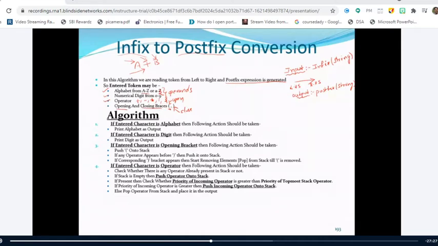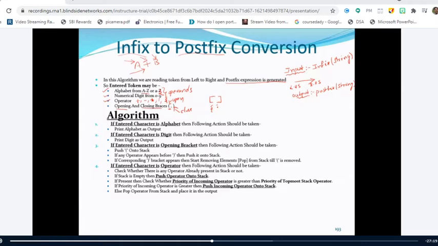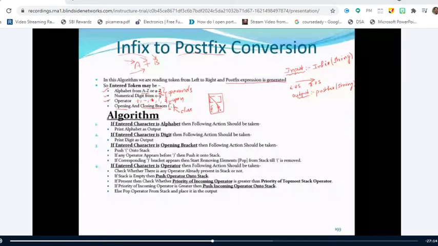Not only parentheses like this, you may come across square brackets or curly brackets, but most of the time we won't go for those. We'll be using the parentheses only. Is it clear up to this point?